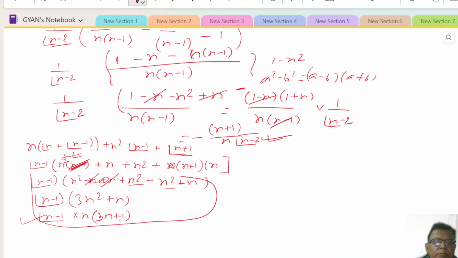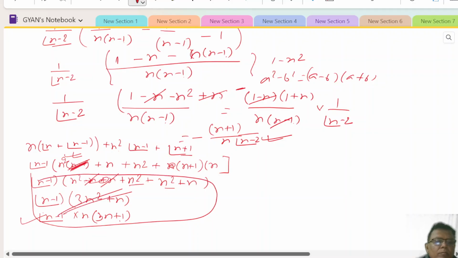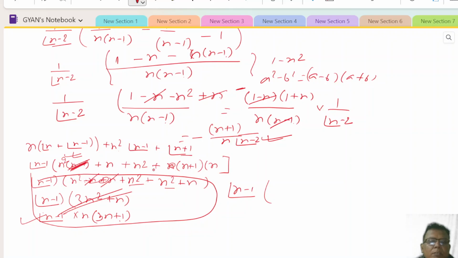So n minus 1 factorial, n square, 3n square plus 2n, 3n square plus 2n. So n minus 1 into n into 3n plus 2. So this will be the answer.